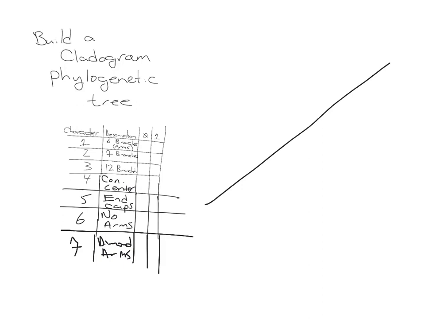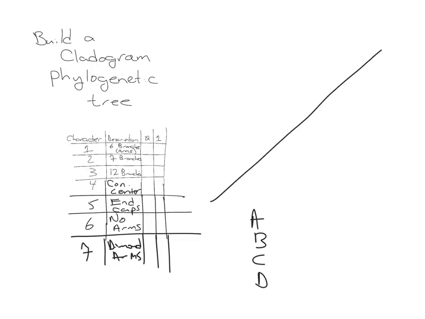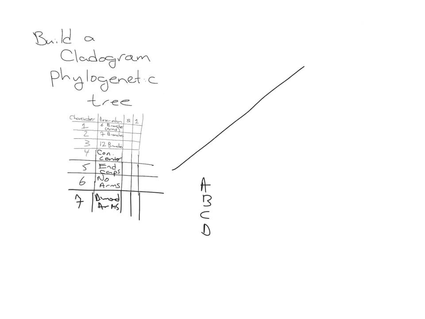So of course, you're going to have your 0, 1 states, and you're going to need a chart that allows your different characters and your different taxa, A, B, C, D, E, F. Let's just do A through F really quickly.